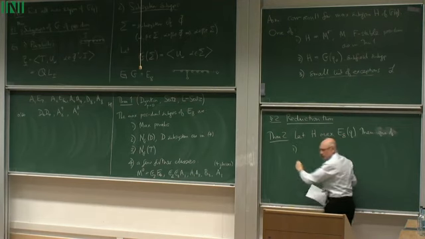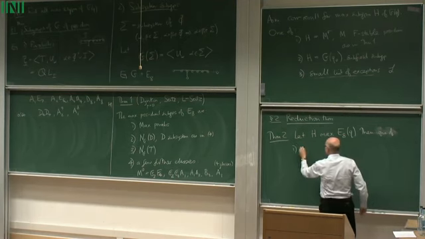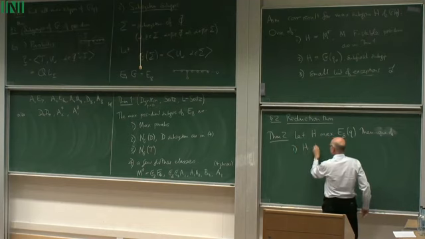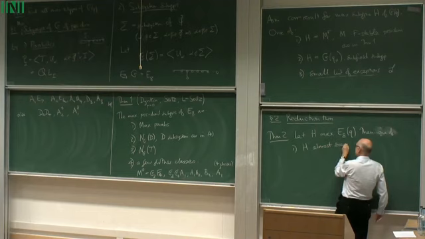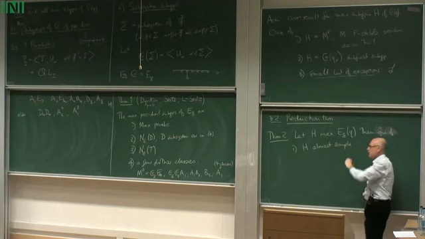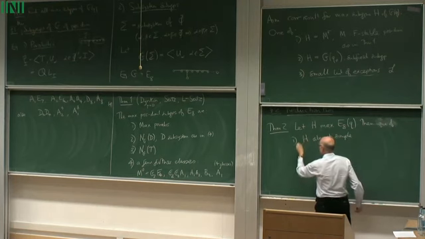Let's start off with, so I don't forget it, that H is almost simple. That's going to be our Aschbacher type dustbin where we have to do further study. But apart from that, we can say exactly what the possibilities are.